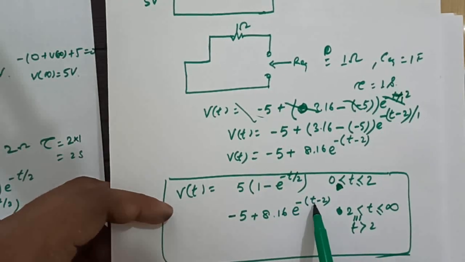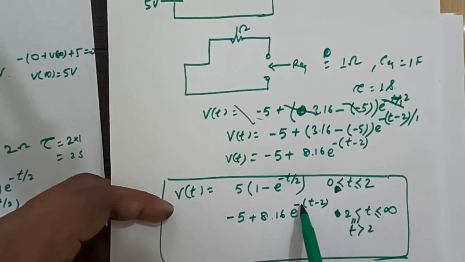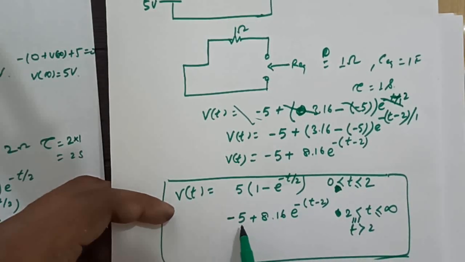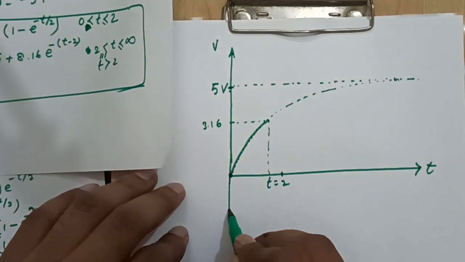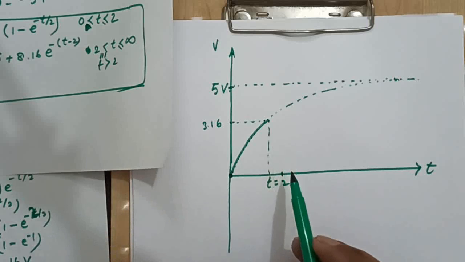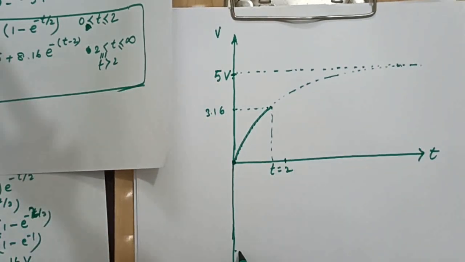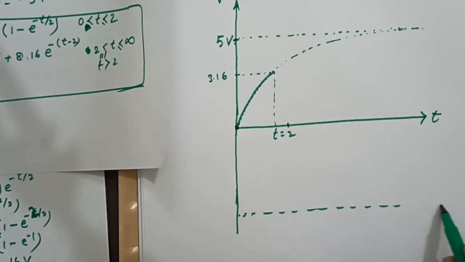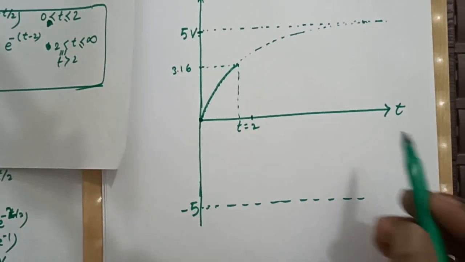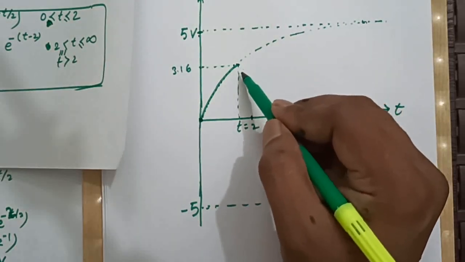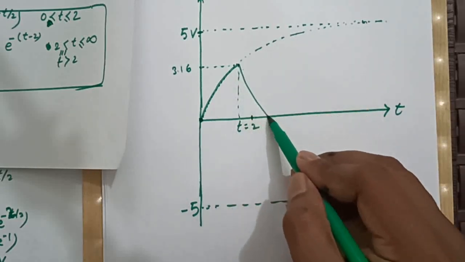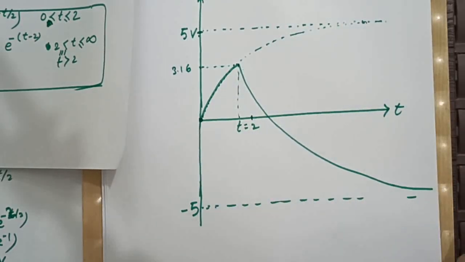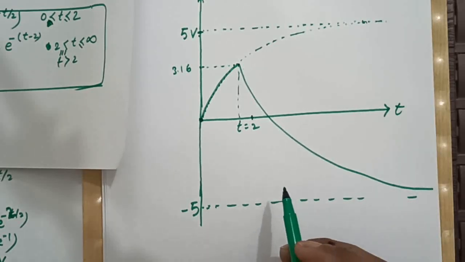Put here time t equal to infinity, e to the power minus infinity gives 0, this whole term will become 0, and the final value will come minus 5 volts. So after introduction of the second transient it will start here, the capacitor will not charge up to 5 volt, it starts discharging and will go to minus 5, right?